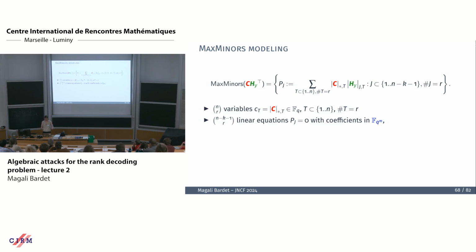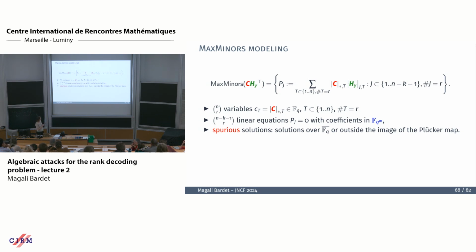And if we don't have enough equations, then what are all the solutions to the system? The problem is that we have two kinds of spurious solutions.